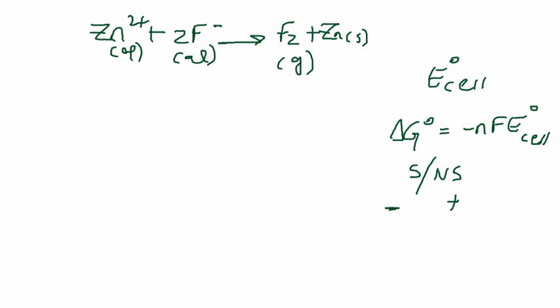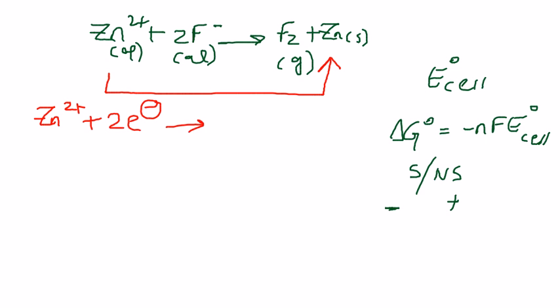So when you're given an equation, like I said, you're supposed to work with what you have. You're given that Zn2+ is becoming zinc solid, and that means it must have gained electrons. So Zn2+ plus 2 electrons gives you Zn, and the electrode potential in the book is negative 0.76 volts.